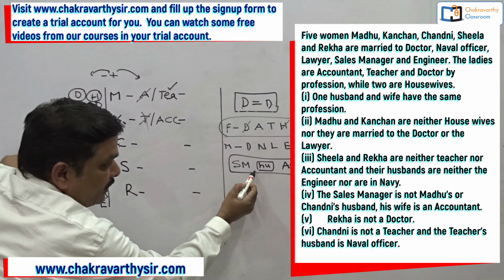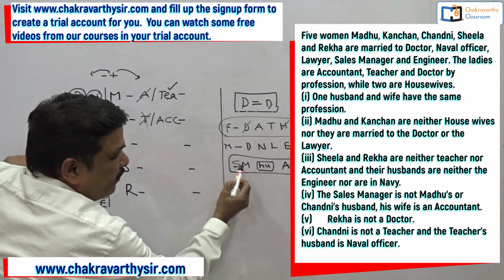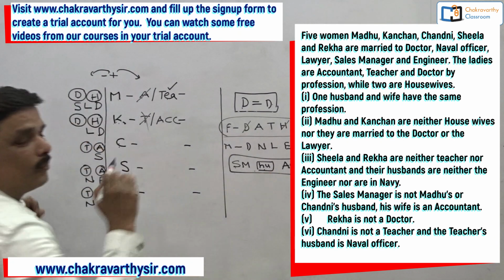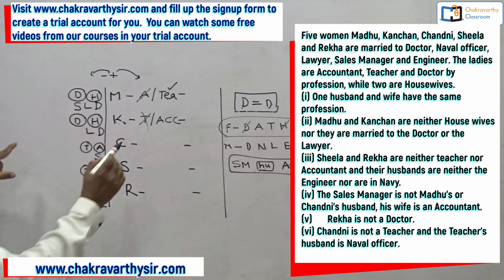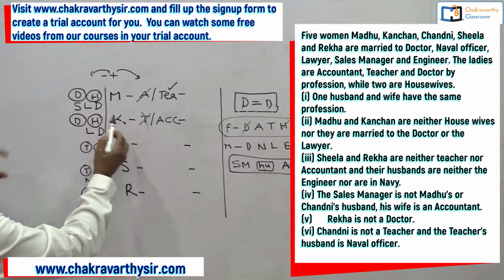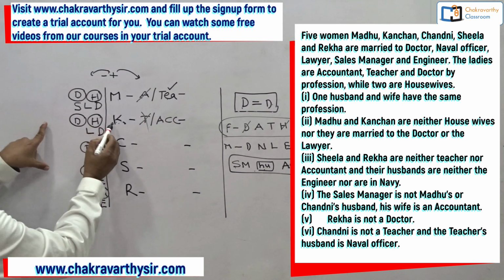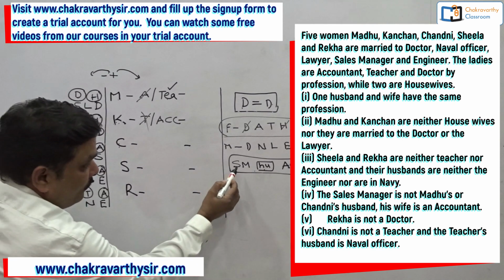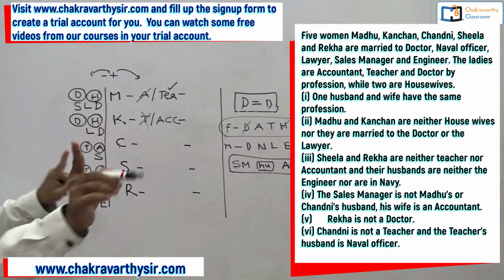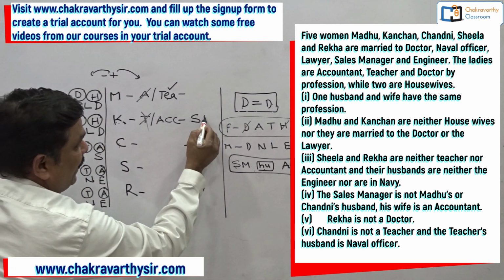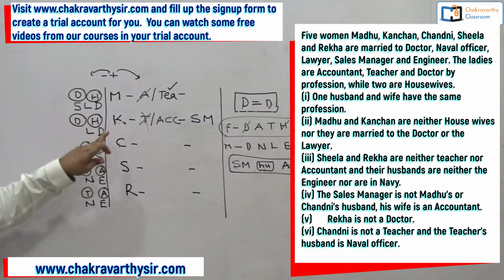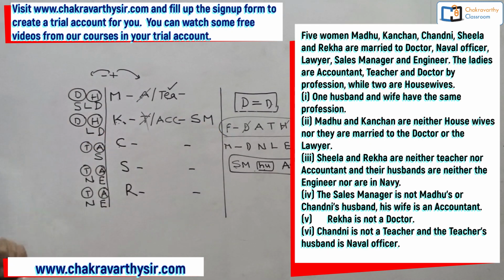Take the positive information here: salesman's wife should be accountant. So here already this lady is accountant, so this lady must be wife of a salesman. So I need to keep a salesman here. So Kanchan's husband is salesman.